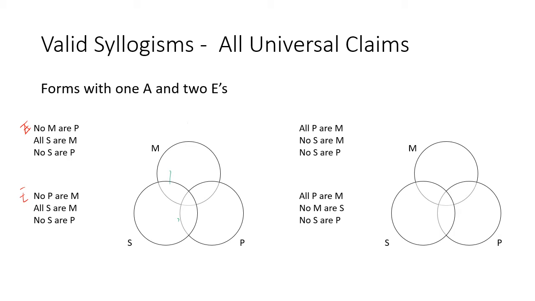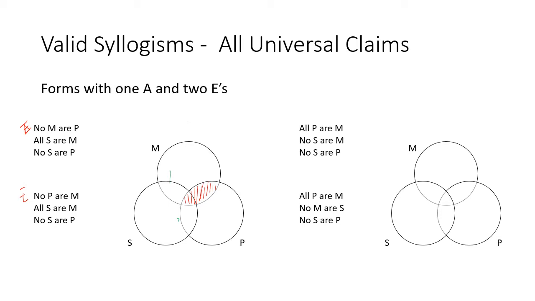The one on the top left here is no M are P, and the one on the bottom left is no P are M. So the order of the terms has been switched, but with universal negatives, that's not going to change the picture, because what you do to diagram universal negatives is shade in an overlap, and the overlap is going to be the same no matter what the order of the terms is. In this case, the overlap is this one over here on the right. It doesn't matter if it's no P are M, or no M are P, it's going to be the same picture. So there's a symmetry.